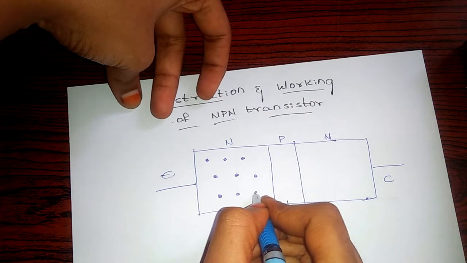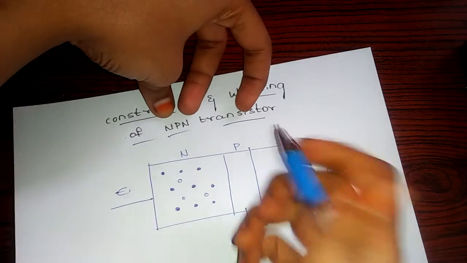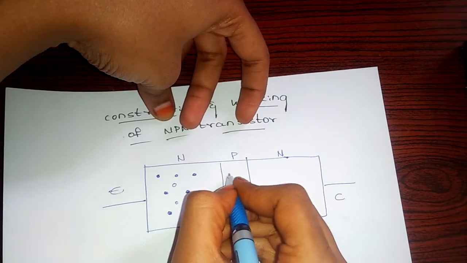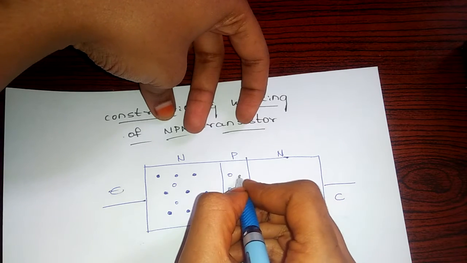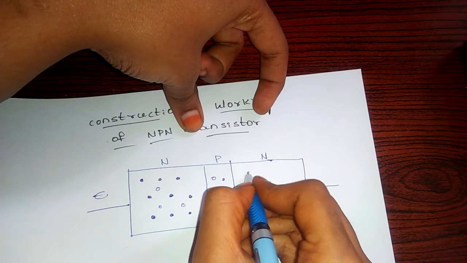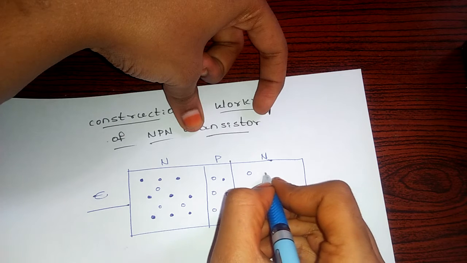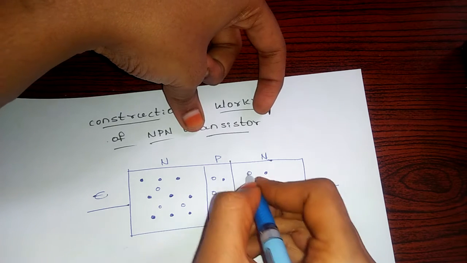Then what are the minority charge carriers? Holes. In the P region, the majority charge carriers are holes and the minority charge carriers are electrons. In the same way, in the N regions the majority charge carriers are electrons and the minority charge carriers are holes.